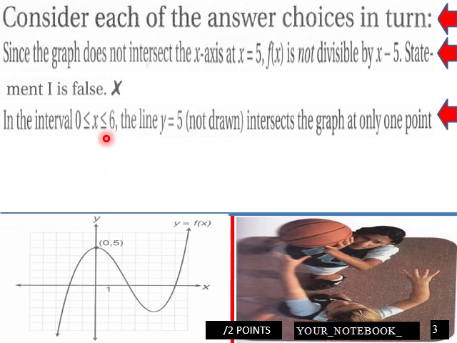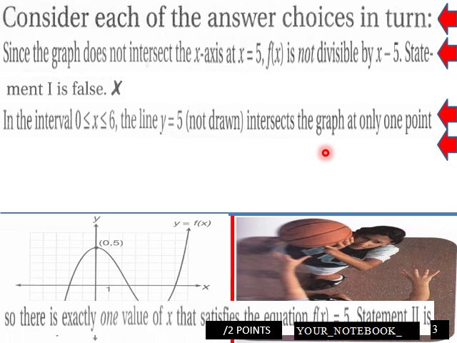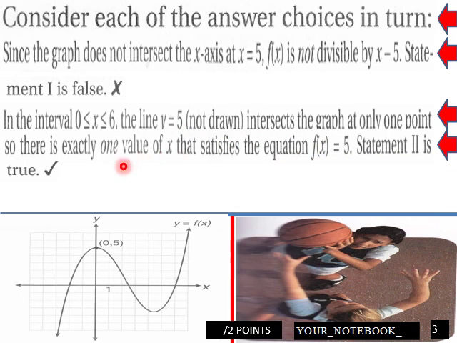In the interval between 0 and 6, the line y equals 5 intersects the graph at only one point, so there's exactly one value of x that satisfies the equation f of x equals 5. Statement 2 is true.